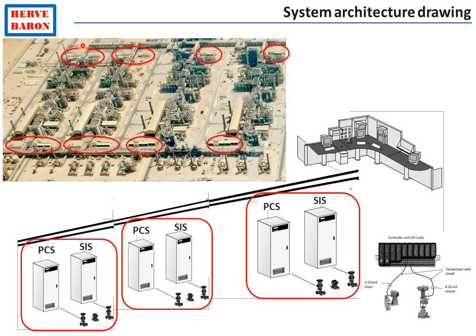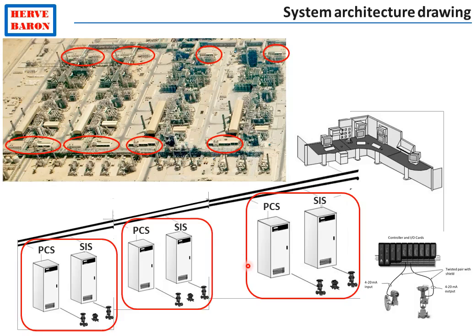So there are several instrumentation buildings throughout the plant housing these instrumentation equipment rooms and system cabinets for both the process control and the process shutdown systems. The connection between the cabinets and the central control room is by fiber optic cables. Such an architecture is called a distributed architecture. This is why these systems are called distributed systems.